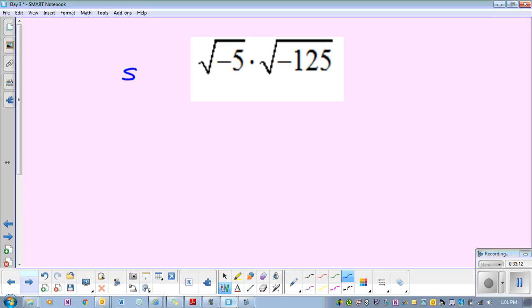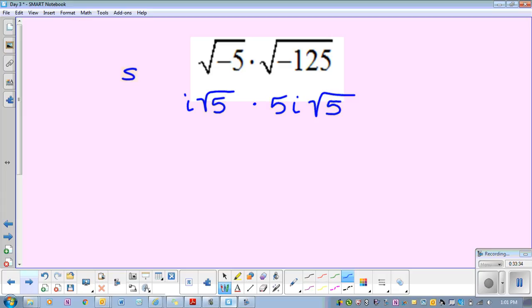If you have a negative inside a square root, what comes out? Yeah. So this is i root 5 times, good, 5i root 5. Okay, good. All right.